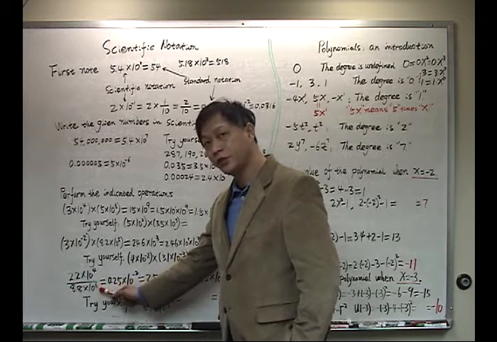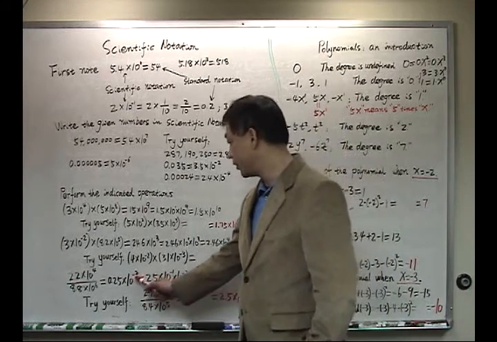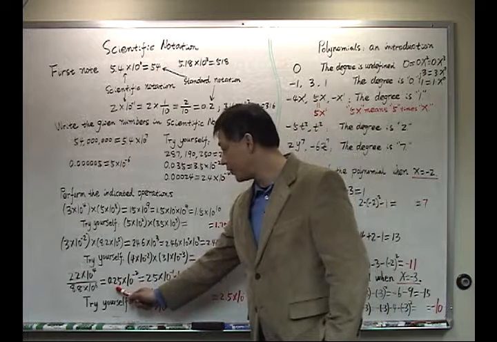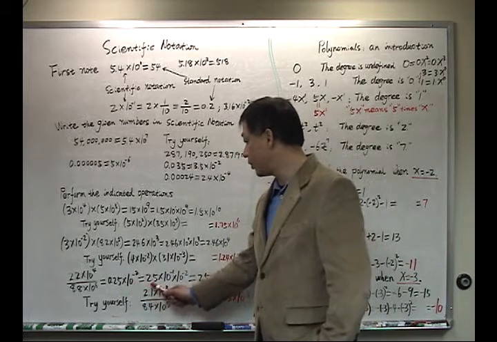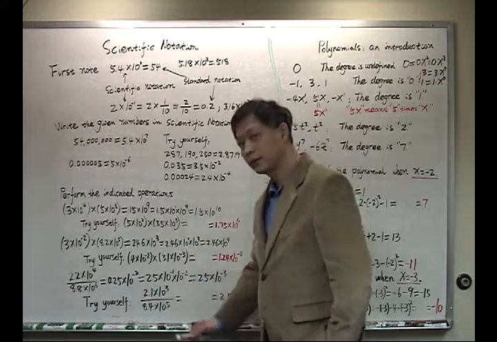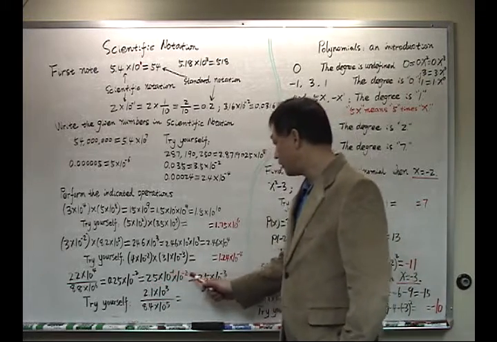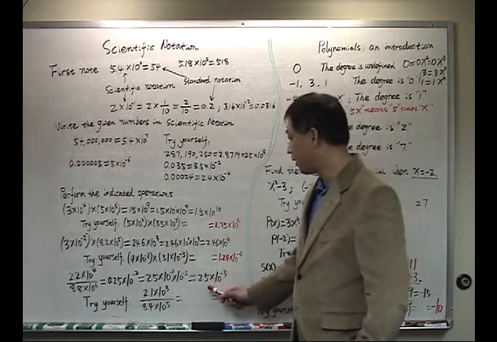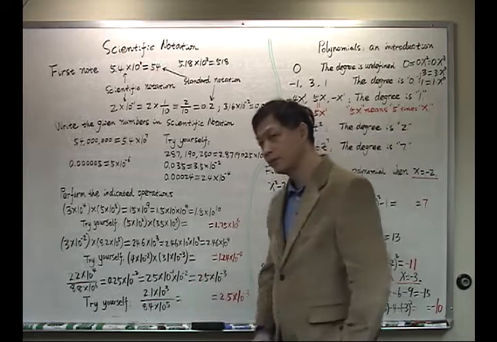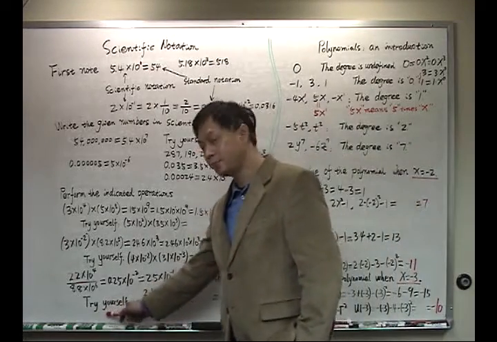That's 4 minus 6, which gives us negative 2. And then 0.25 can be written as 2.5 times 10 to the negative 1. And then negative 2 plus negative 1 is negative 3. So in front of it is 2.5. Now try this one yourself.